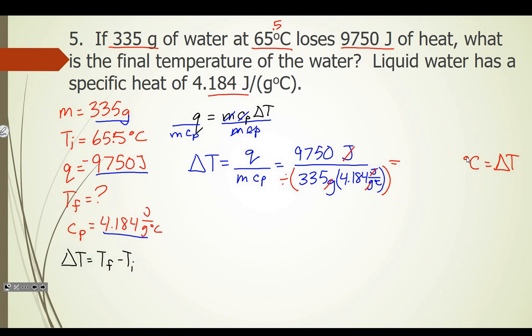So this should be a negative. Right? Because it says up at the top it loses that much energy, so it's giving it off. It's exothermic. So Q, or delta H, needs to be negative. So we're going to end up with a negative delta T. So negative something. Has anybody got a number?